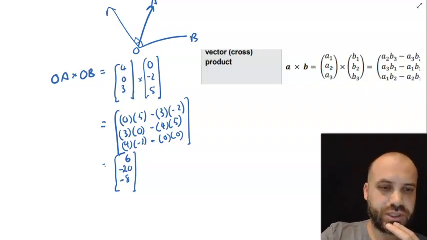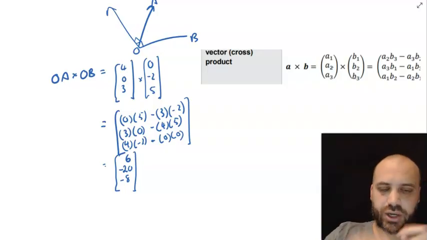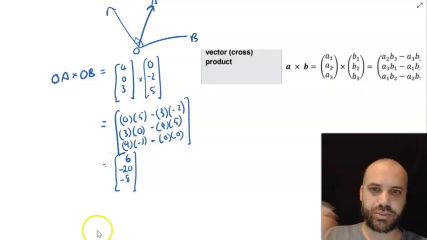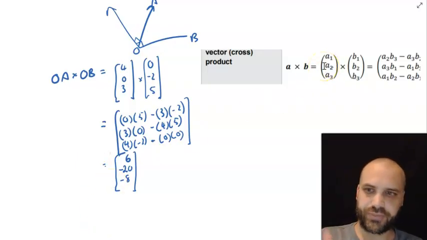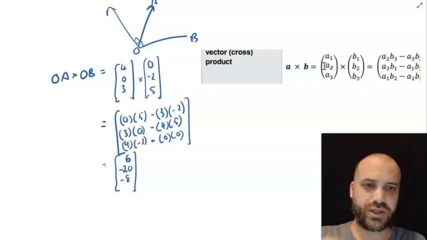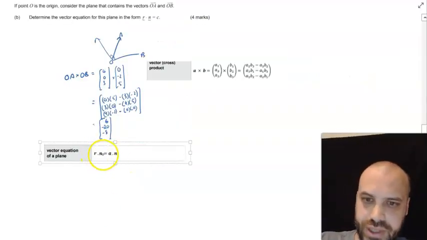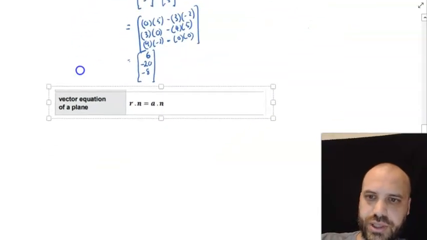Now again, if you want to use a different version of the cross product, I know I've taught little matrices that allow you to do the cross product, but if you've gotten to this stage and you're preparing for your exam, use your formula sheet. Okay, from here, we want to find the vector equation of a plane. So I have this equation here, and that's the equation we're going to use.